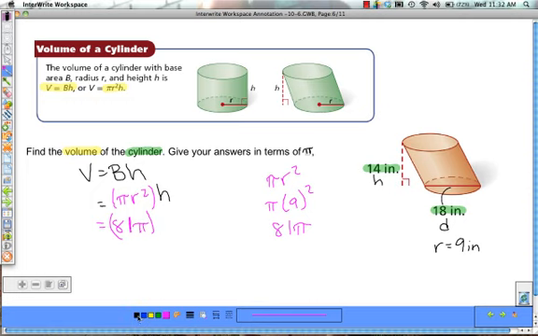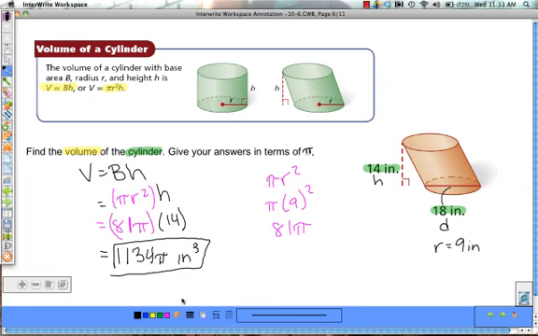And then our height of the prism, remember, is 14. So now when we multiply those together, we get that it has an exact volume of 1,134 pi cubic inches. And since it said to leave in terms of pi, which I guess we should have highlighted, that is our answer.